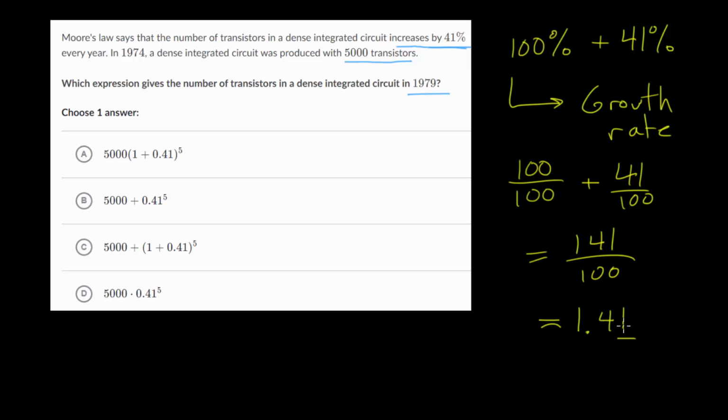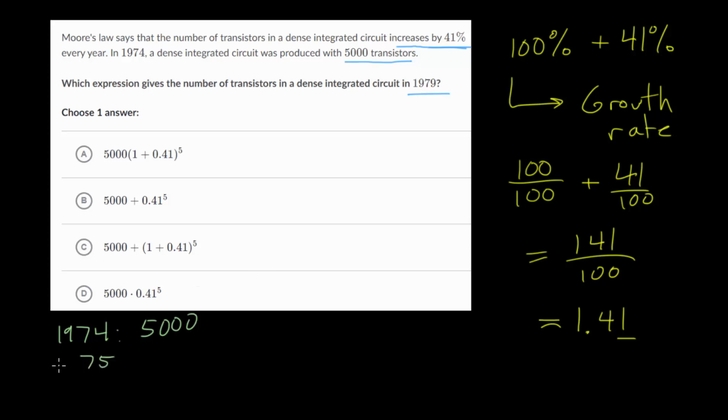Or effectively, every year, we're going to multiply the amount that we currently have by 1.41. And we start with 5,000 transistors. So to start this problem in 1974, we have 5,000.